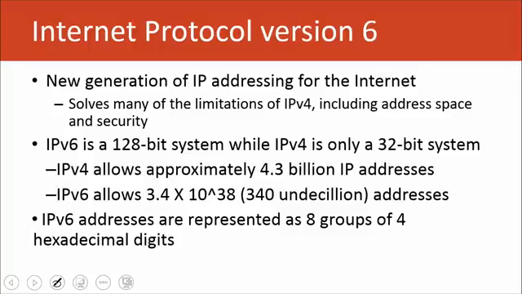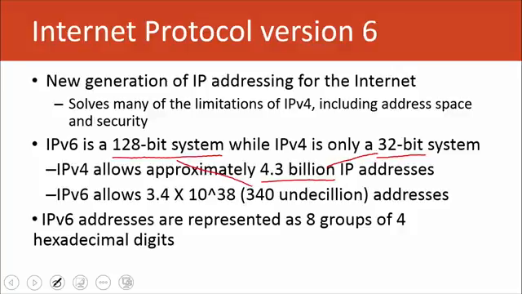The difference between the two is that IPv6 is 128 bits, while IPv4 is 32 bits. And so IPv4 is approximately just 4.3 billion IP addresses. All right, that's the result of 32 bits, whereas 128 bits results in 340 undecillion addresses.